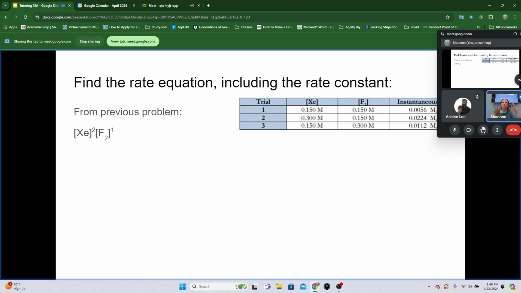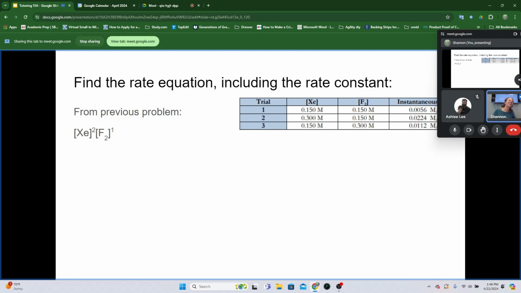I'm just going to give you the trials, and you're going to have to find the reaction orders first, and then the rate equation, including the rate constant. There's only one question like that. I think there might be one 2-point question, but every other question on the exam besides that is a 1-point question for chapter 15. So there's just one long one.